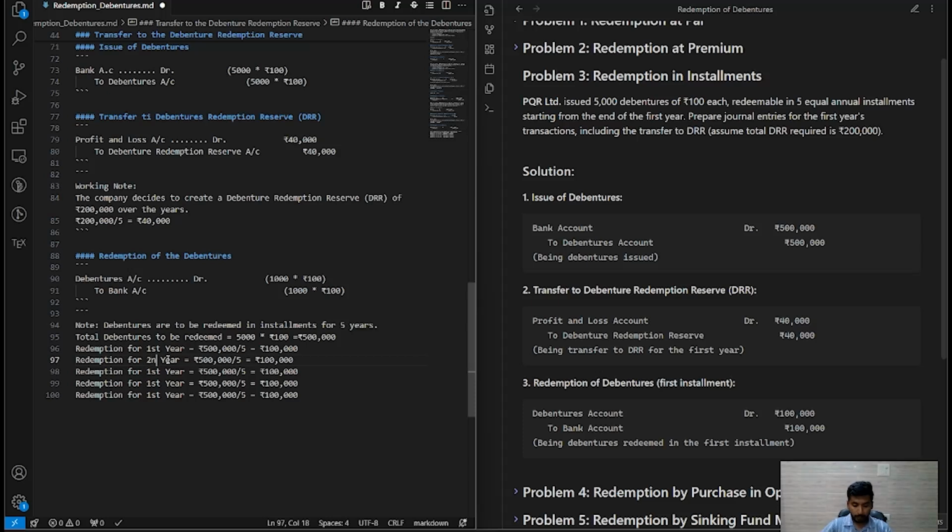Similarly, debentures to be redeemed for the second, third, fourth and fifth year. This is how the debentures will get redeemed over a period of 5 years.